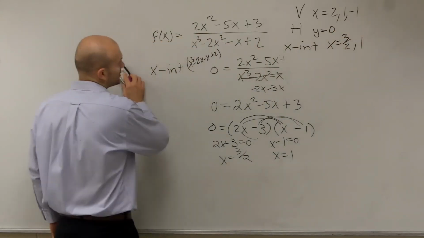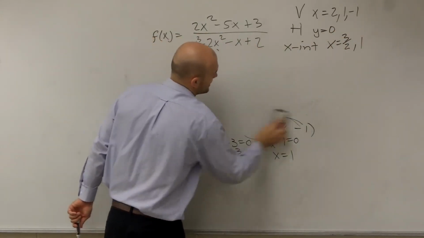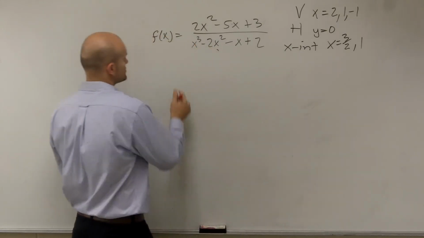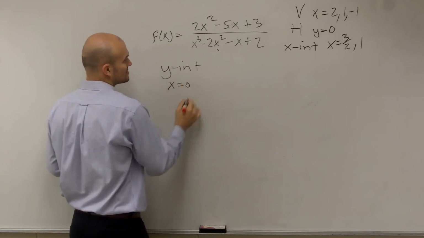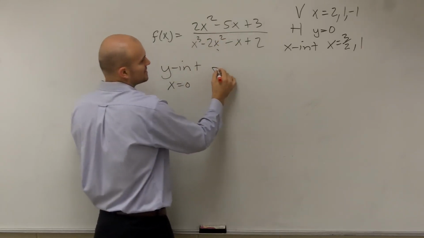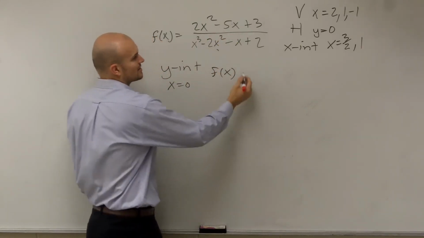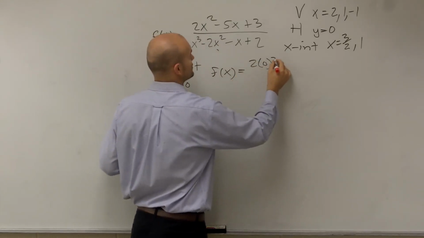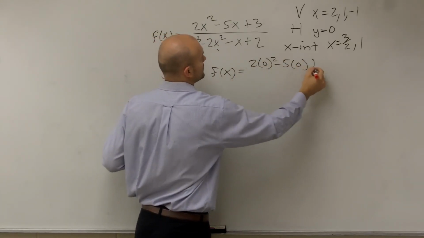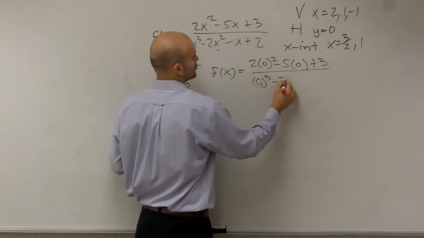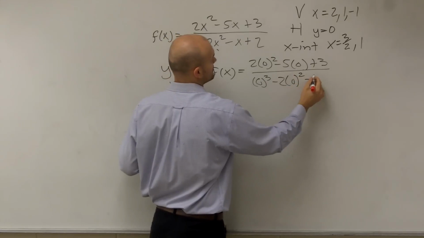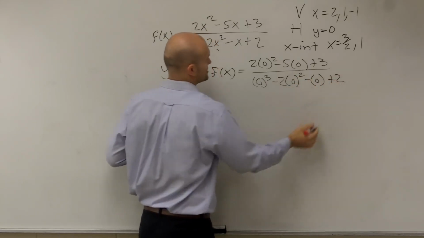So the last thing we need to do is determine the y-intercept. That's when x equals 0. So all we do is plug in 0 for x: 2 times 0 squared minus 5 times 0 plus 3, all over 0 cubed minus 2 times 0 squared minus 0 plus 2.